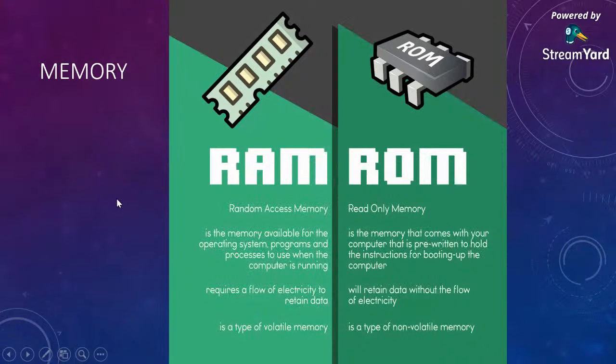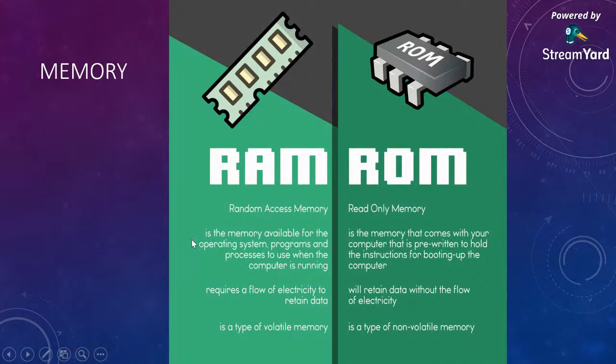On the other hand, ROM is called non-volatile memory, meaning that whenever electricity is removed from the ICs here, of course the data remains in the storage. Okay, this is the basic difference between RAM and ROM.